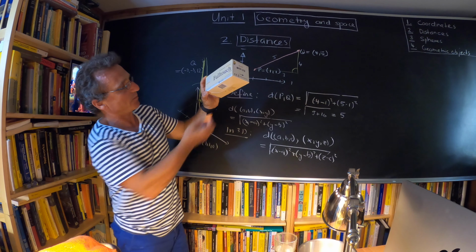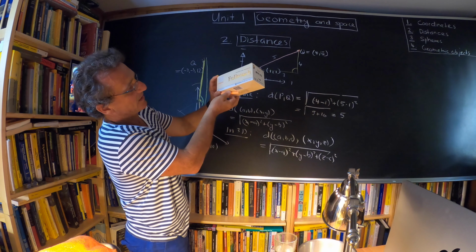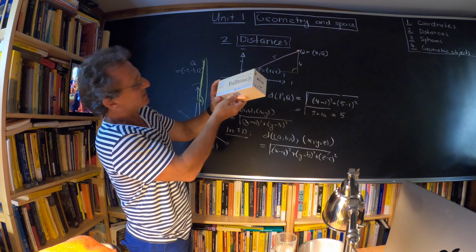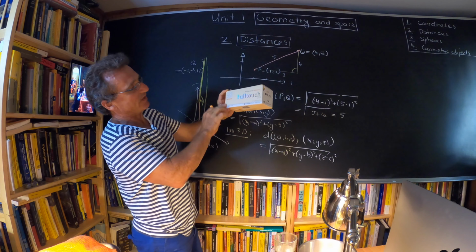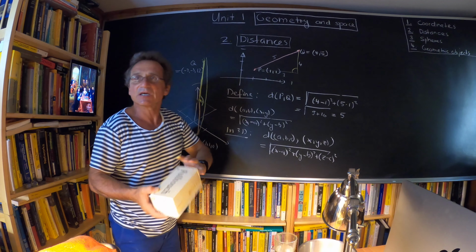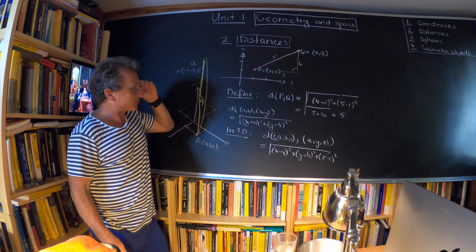Let me visualize this. This is this line and this line. These are perpendicular to each other. This is the distance we have in the two-dimensional case, and then we just add another coordinate. So you can explain it using Pythagoras.